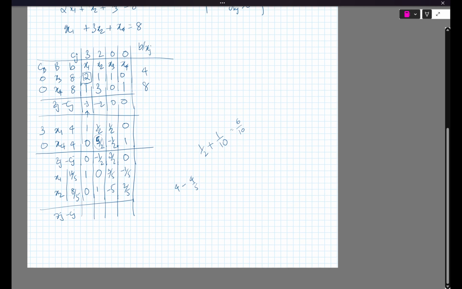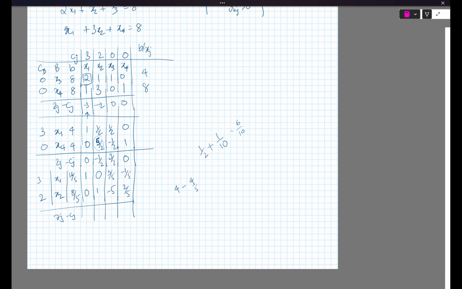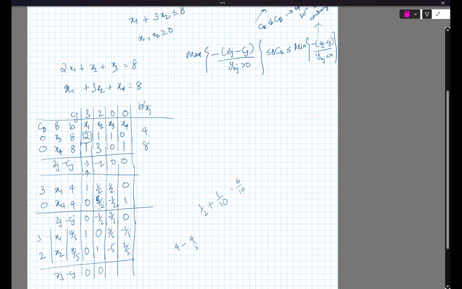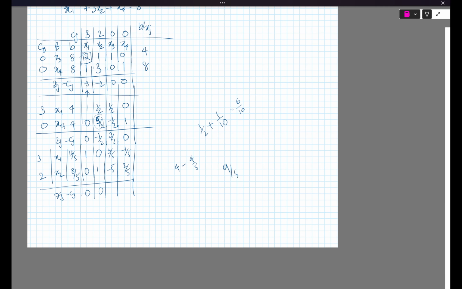Here the coefficients were 3 and 2. 3 minus 3 is 0, 2 minus 2 is 0. 0 minus 3, 3 is 9 by 5 minus 10. Yeah, this will come negative, no?